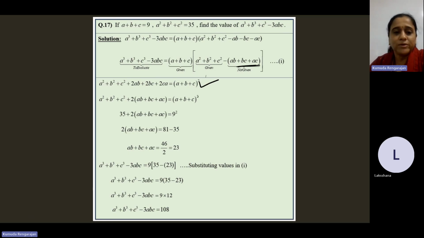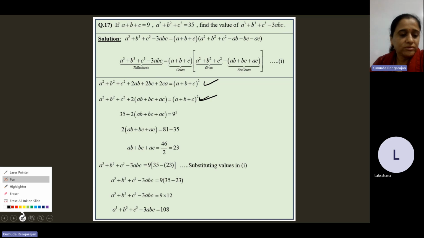From this identity. Why? Because it has AB, BC, AC in it. So write the identity. You can write this one straight away. You don't have to write this and then take 2 common. You can write this directly.